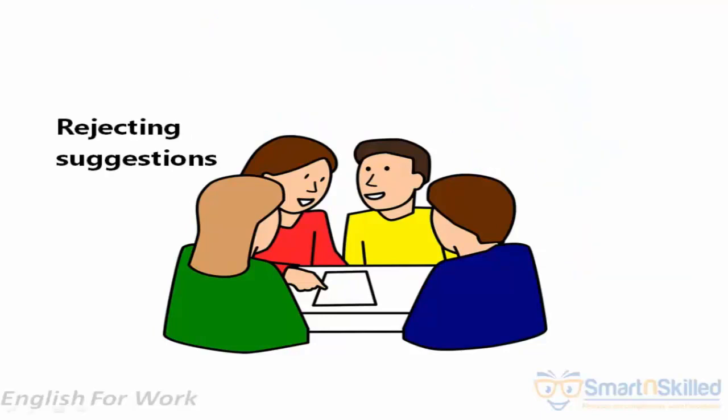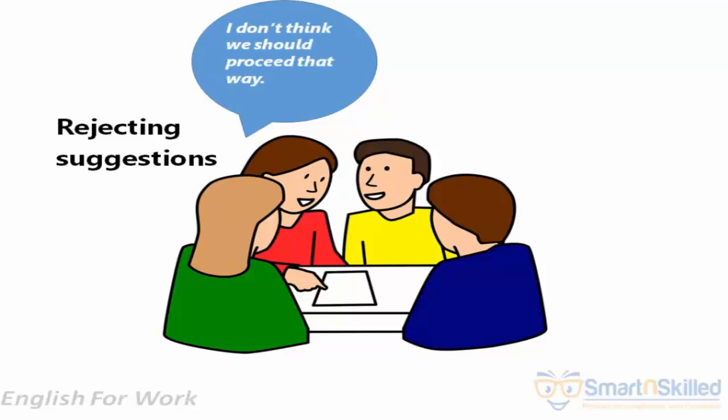Let's continue. Now, rejecting suggestion. Remember one of the expressions? Good. I don't think we should proceed that way, for example. Or another one, your turn. What can you say?